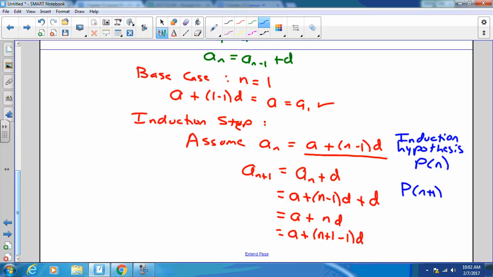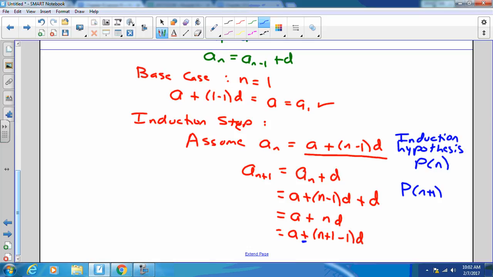And P of n plus 1 is going to be found by substituting n plus 1 into the induction hypothesis. So that when I substitute n plus 1 on the left side, I get A sub n plus 1. And when I substitute n plus 1 on the right-hand side, I get A plus n plus 1 minus 1 times D. So that what I'm trying to prove is that this equals this. That gives me the goal that I'm working for.